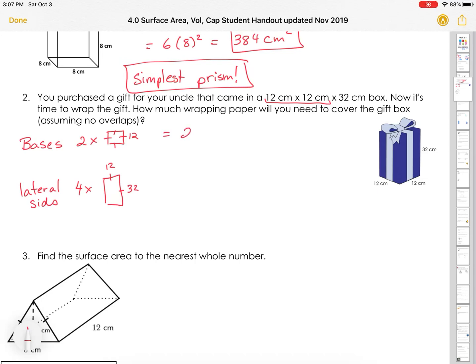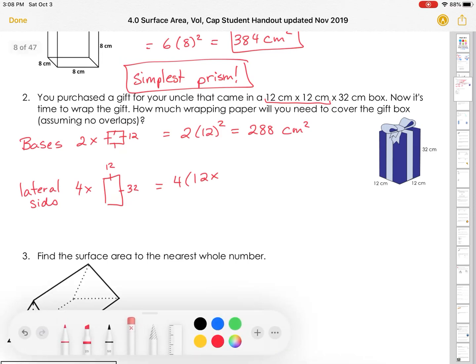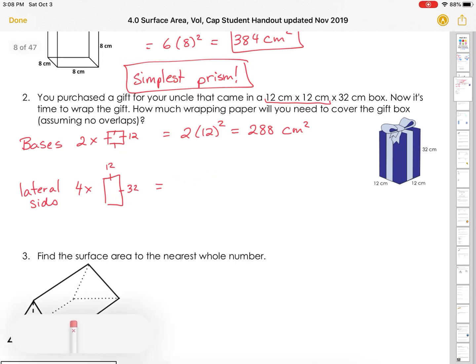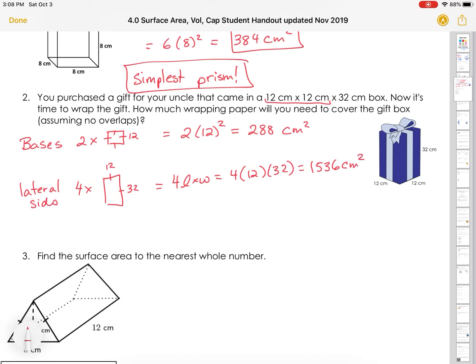Okay, so this will equal 2 times 12 squared, which is 288 centimeters squared. And this will be 4 times length times width, which is 4 times 12 times 32, which is equal to 1536 centimeters squared.